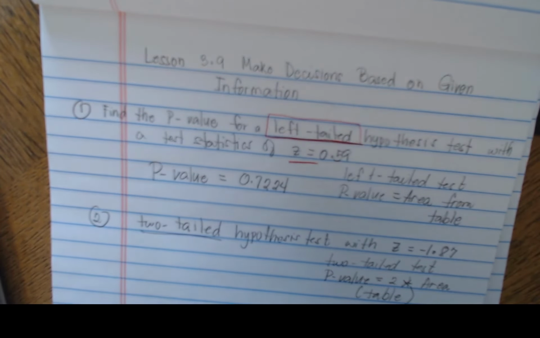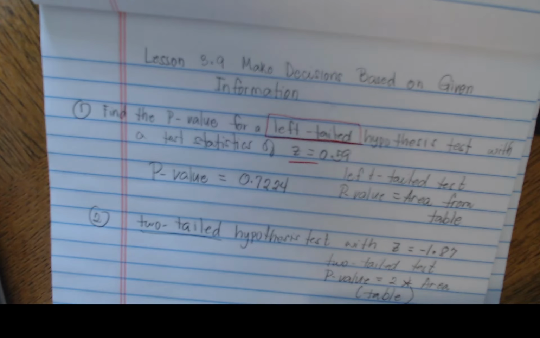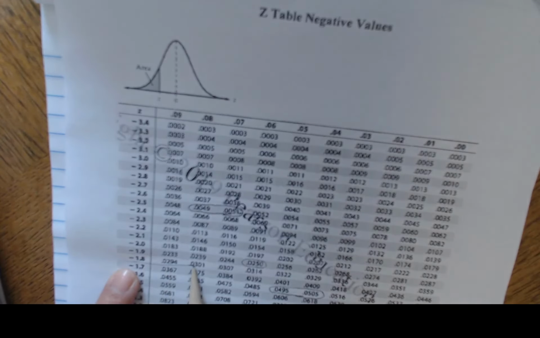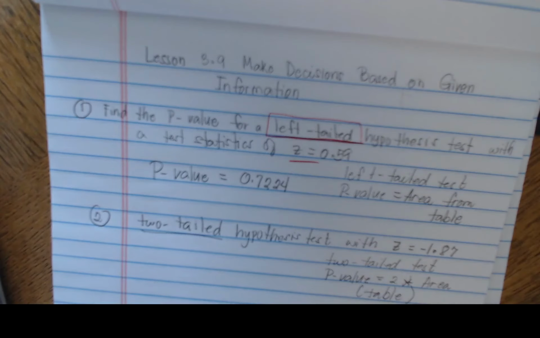We have two negative z tables, so we will be going negative 1.8 and then 7, 1.87, so it's right here, negative 1.8 is right here, and then 7, so we'll be getting 0.0307.